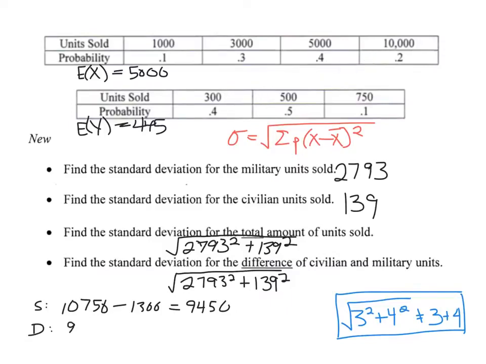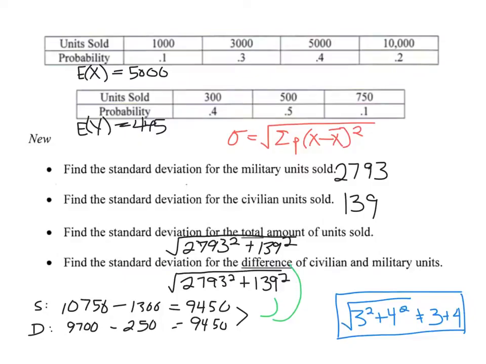I say, well, 9,700, the biggest possible difference, minus 250, the smallest possible difference. Here's the range of differences. And notice they're the same. So there's another reason why these two will be the same. The big thing to notice is there are two things. You never combine standard deviations, you combine variances, and whenever you're combining, you add.